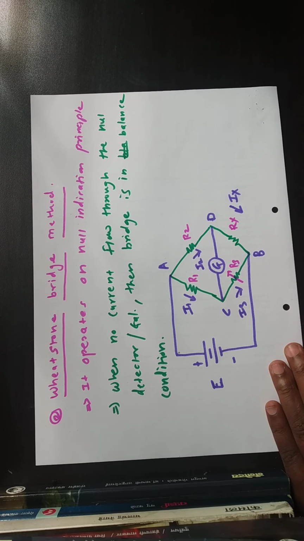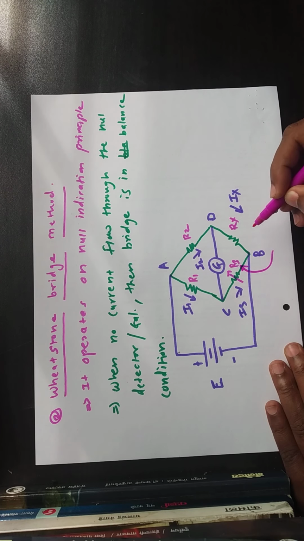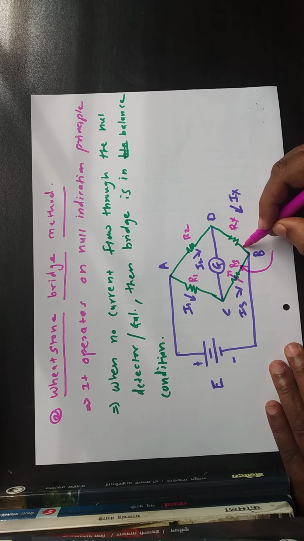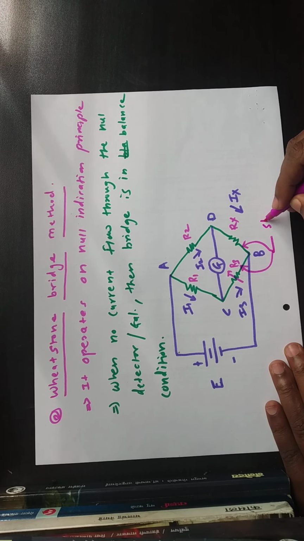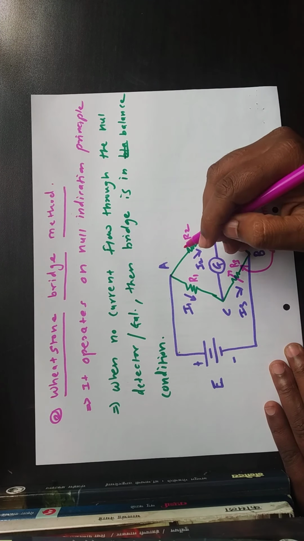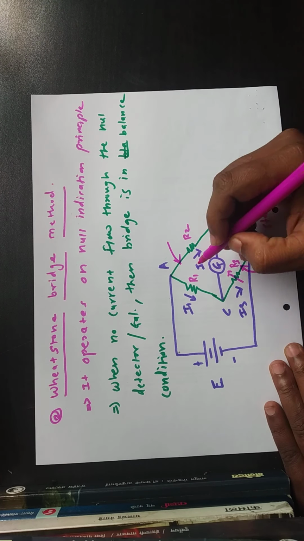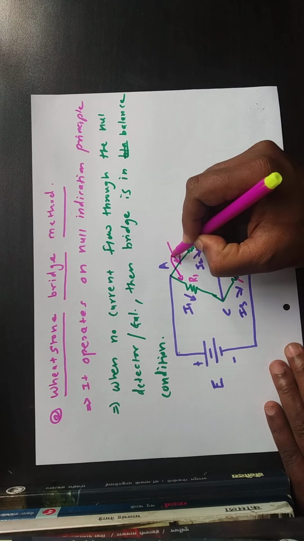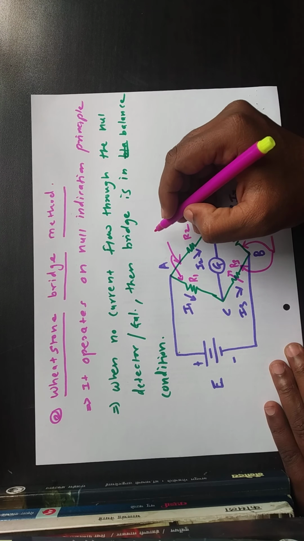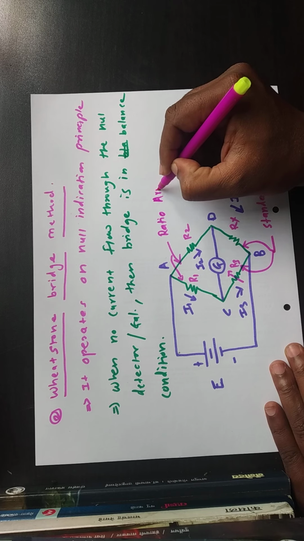These two arms, the arm corresponding to R3 and the arm corresponding to Rx, are called the standard arms. Whereas these two arms, related to R1 and R2, are called the ratio arms.